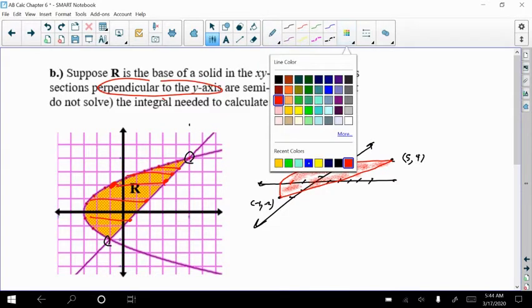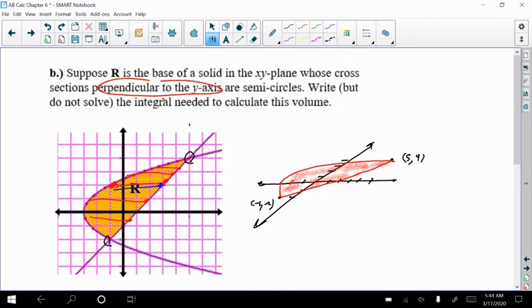And again, we think, okay, we're measuring things right to left, and we're going to create a semicircle. So if I go from this point to this point, going across there, whatever that distance is, I'm going to create a semicircle. And whatever this distance is, I'm going to create a semicircle.